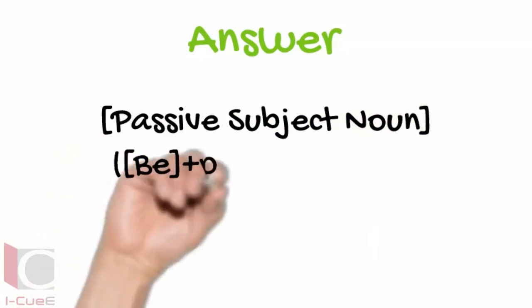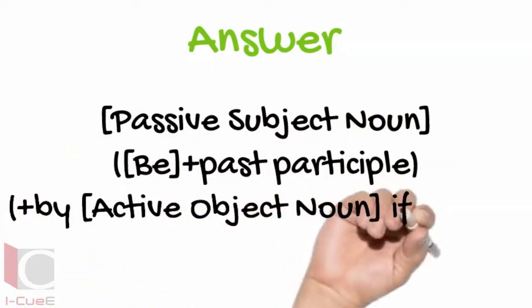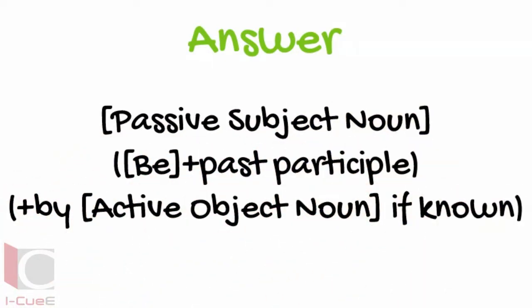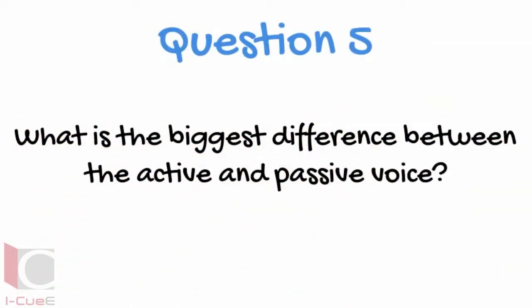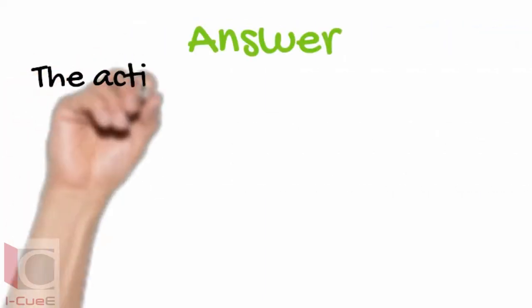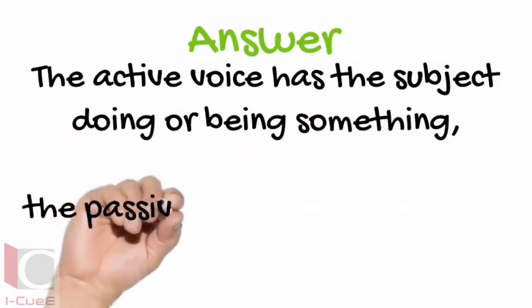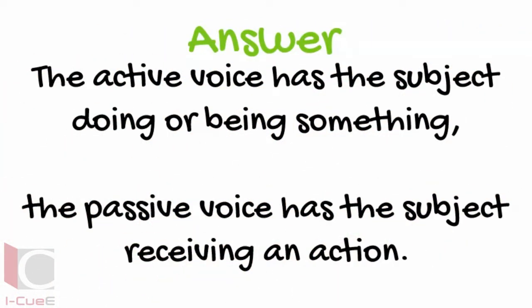Passive subject noun, be plus past participle, by, active object noun if known. What is the biggest difference between the active and passive voice? The active voice has the subject doing or being something. The passive voice has the subject receiving an action.